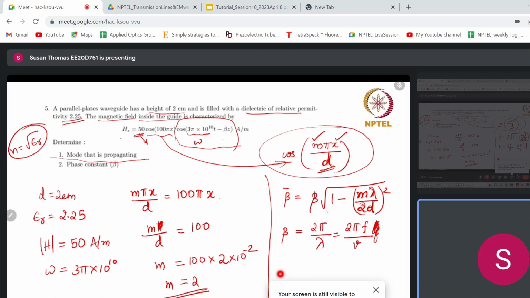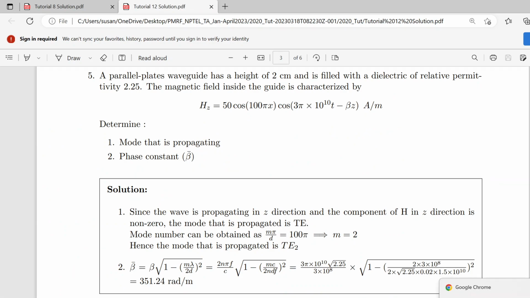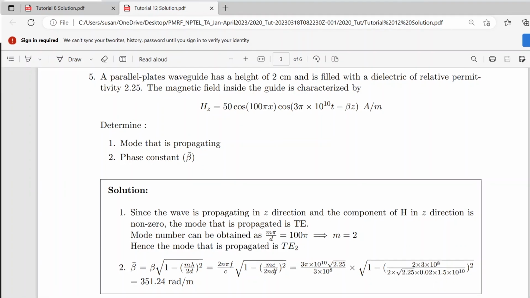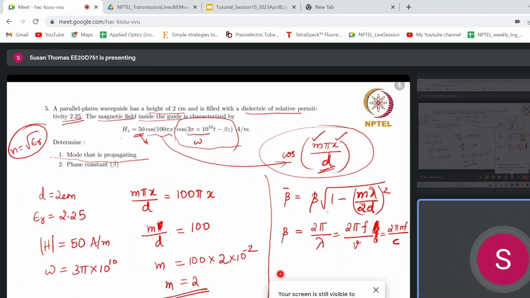Then 2 pi by v can be replaced, with v as c by root epsilon r, which is n, giving 2 pi n f by c. So this is your beta.